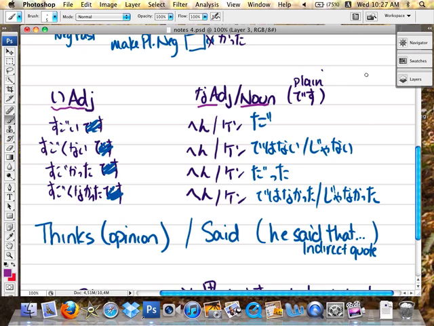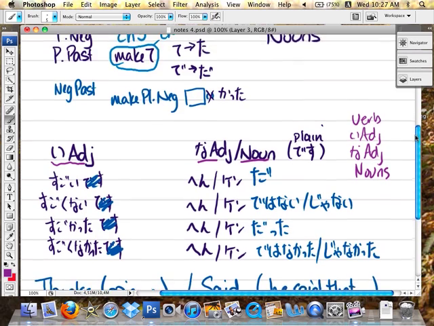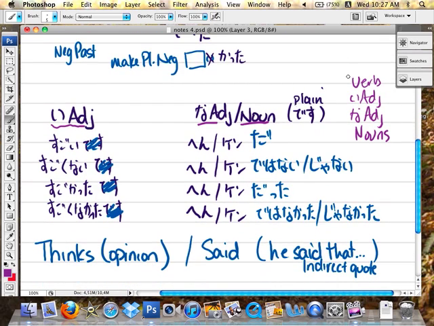So if you think about it, we have verbs, we have i adjectives, we have na adjectives, and we have nouns. Those are the 4 parts of speech we deal with when we're looking at plain forms. 50% of the time, if you're using it, that's where that desu comes into play, but only for na adjectives and for nouns.